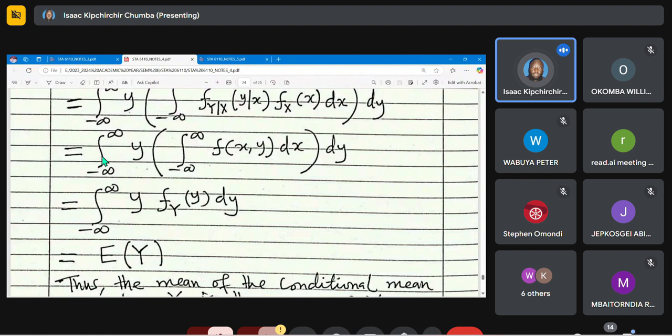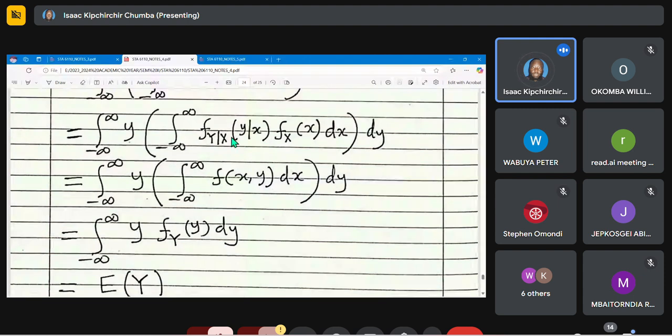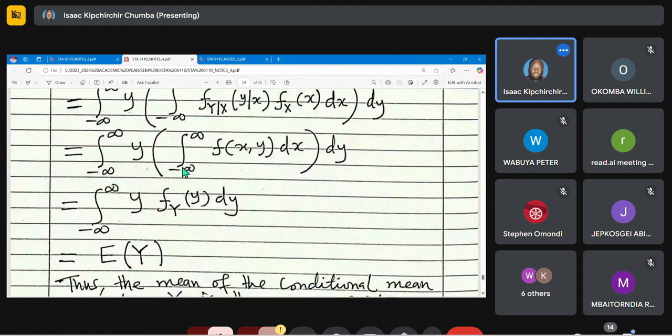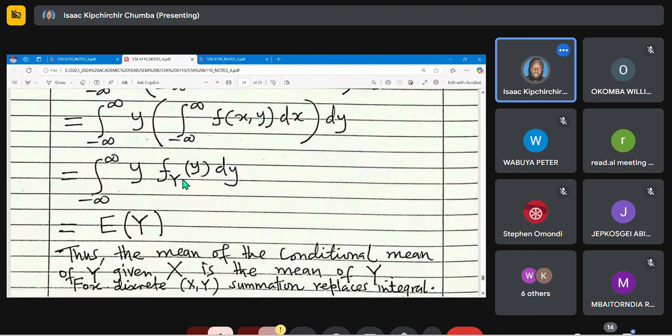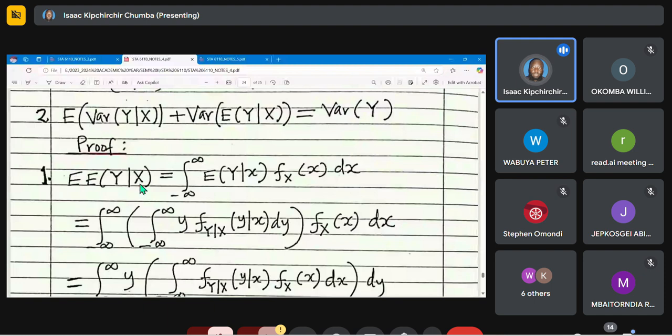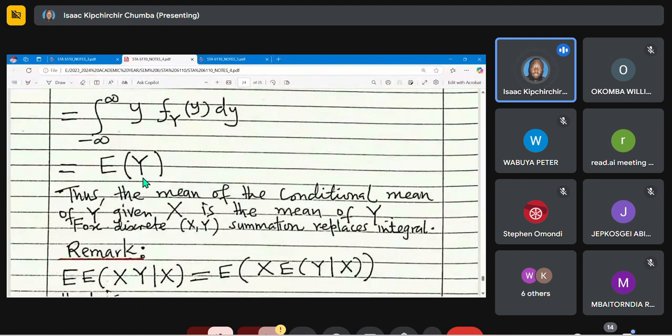So whatever we are calling will be a function of Y is here. It will be exactly the marginal of Y multiplied by Y. This marginal of Y integrates back to, by definition, expected of Y. So the expected of the expected of Y given X is just expected of Y. And this property usually helps us in simplifying. So we're actually saying that the mean of the conditional mean of Y given X is the mean of Y.